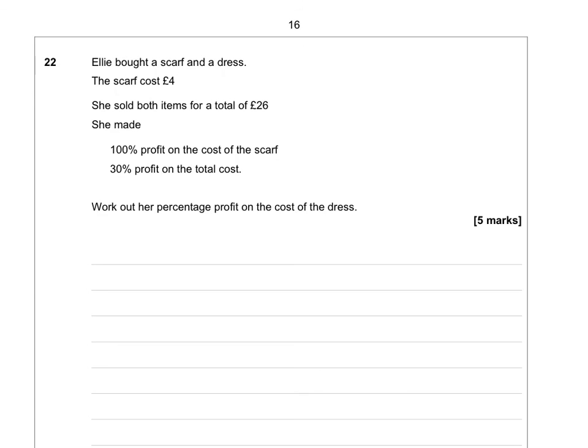Question 22. Ellie bought a scarf and a dress. The scarf cost £4. She sold both items for a total of £26. She made 100% profit on the cost of the scarf and 30% profit on the total cost. Work out her percentage profit on the cost of the dress.